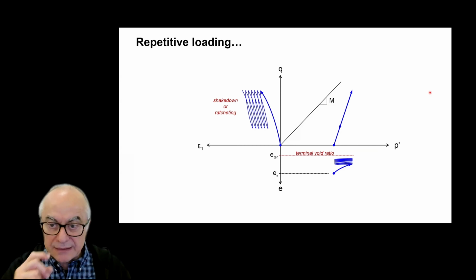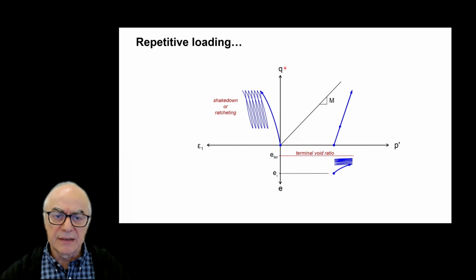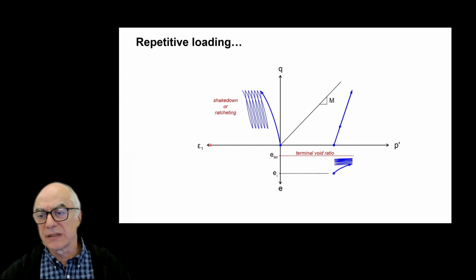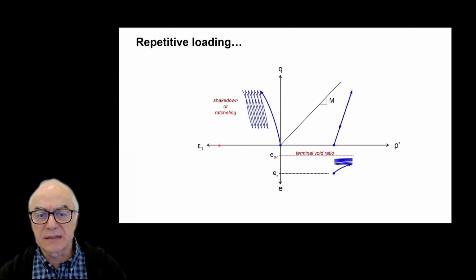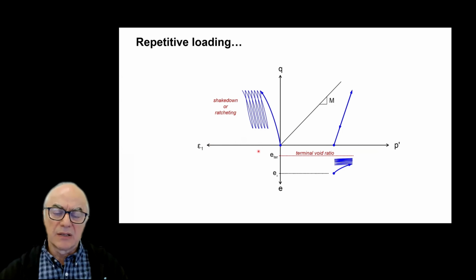So consider in this case a typical shear versus confining stress in the PQ space, in which we have unfolded the volume, the void ratio, and on the fourth axis, we are showing the deviatoric strain. You may refer back to earlier presentations where we were talking about the critical state of soils to refresh this diagram.